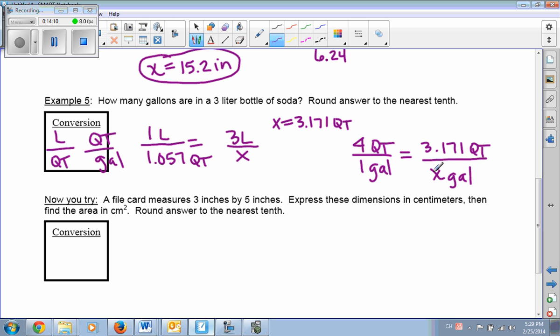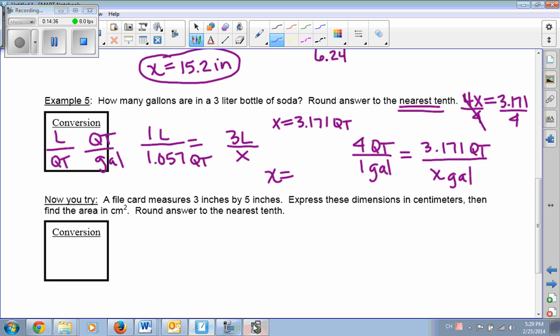Well, I know just by looking at those numbers that we have less than a gallon because 3.171 quarts isn't enough to make a whole gallon, which is 4 quarts. So we have 4 times x is 4x, and 1 times 3.171 is 3.171, and then let's divide by 4. Let's do that on our calculator.